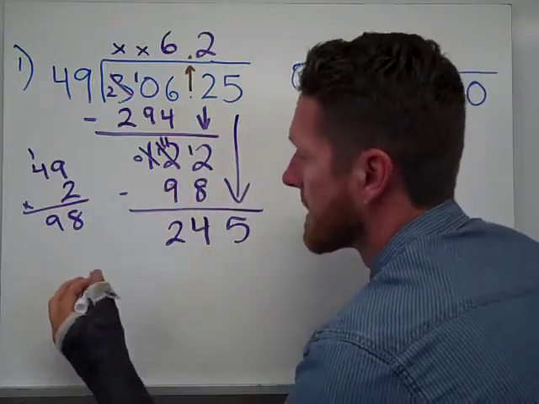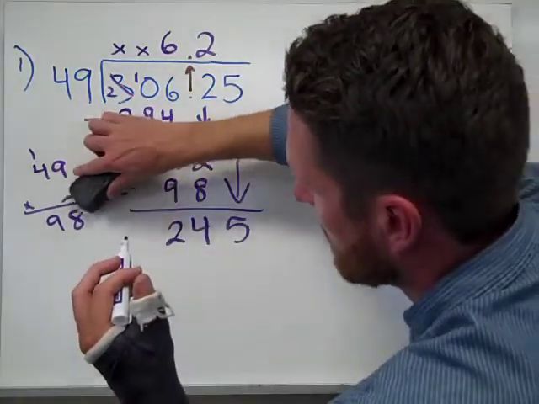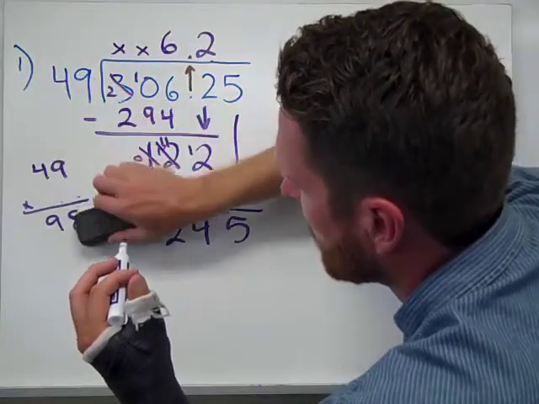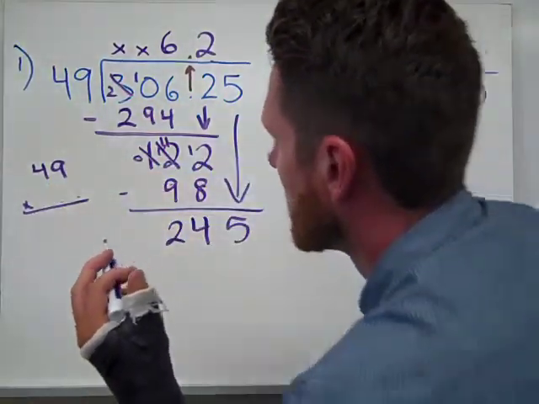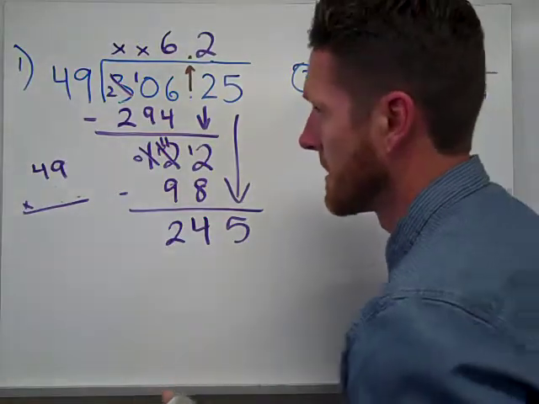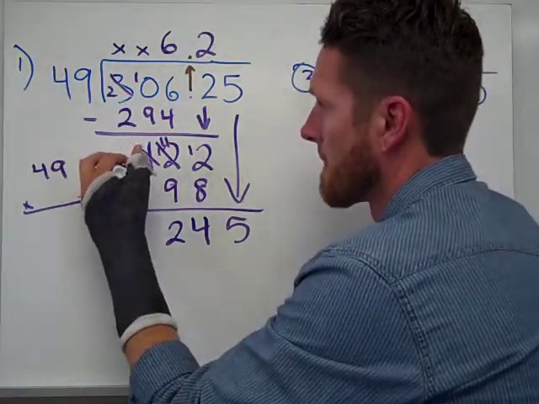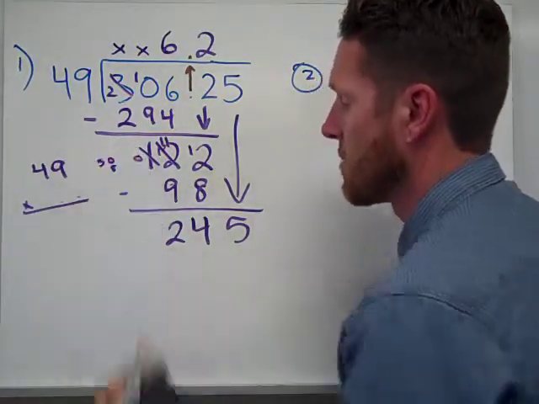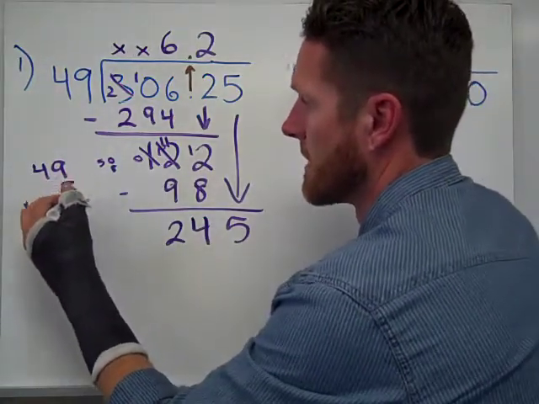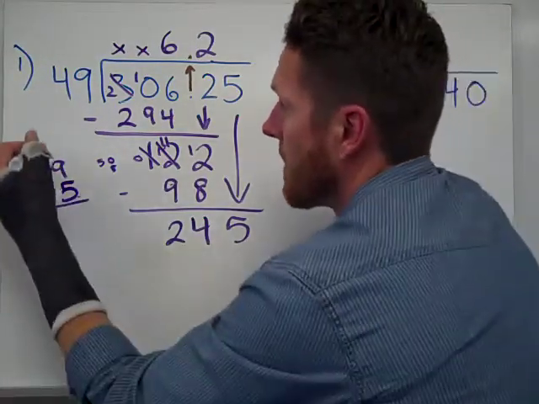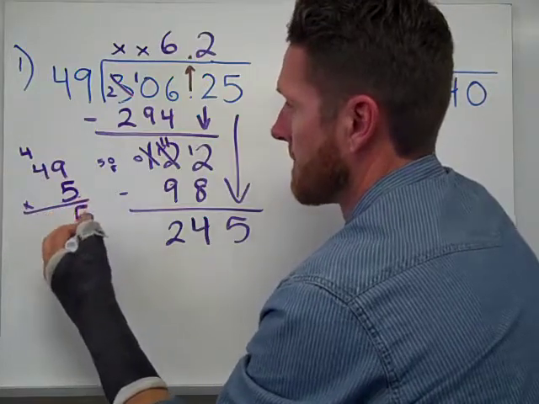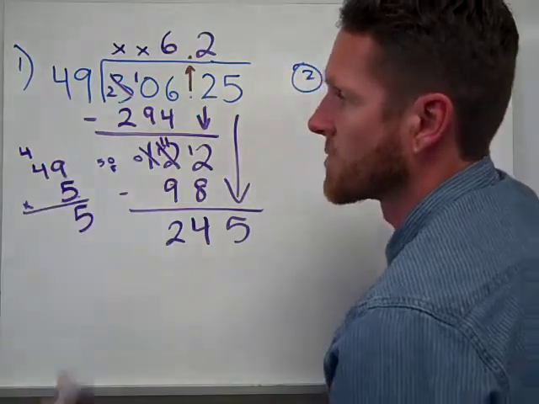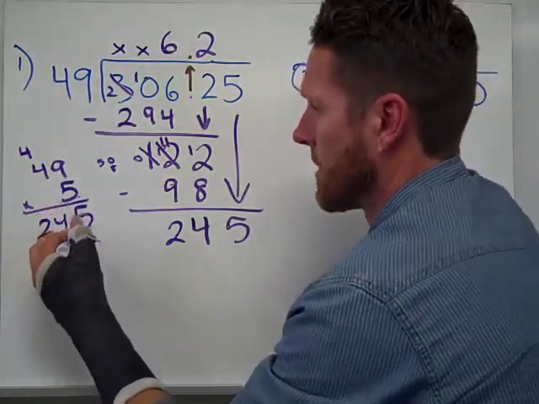Okay, so let's go back to this. 49 times what number is going to give us close to 245? Remember, think of it as 50. 50 times 5 would give us 250. So let's try 5. 9 times 5? 45. 5 times 4 equals 20 plus 4, 24.